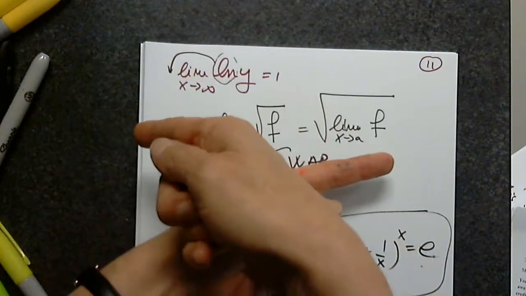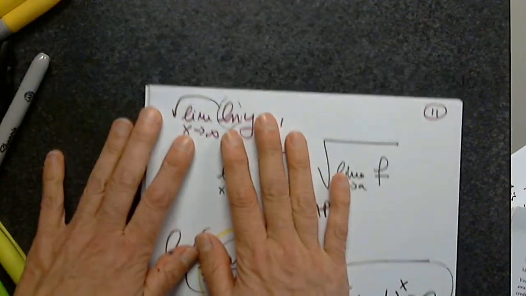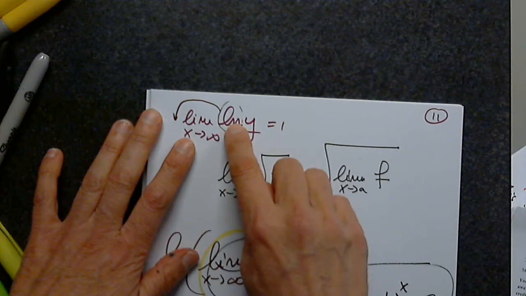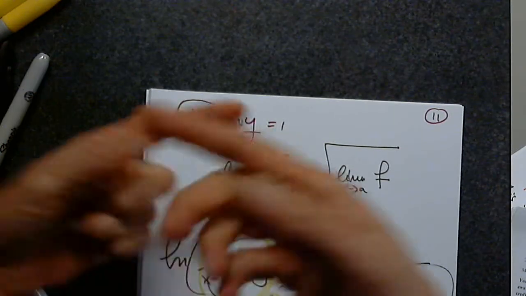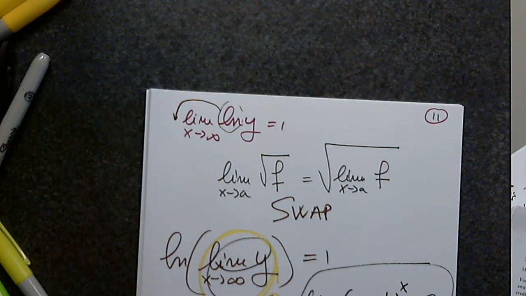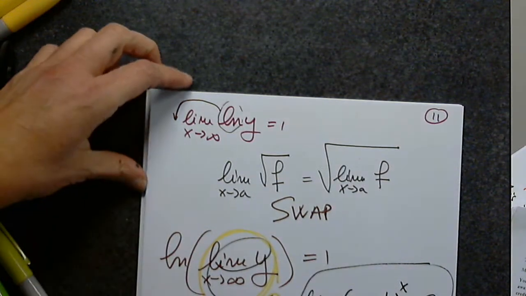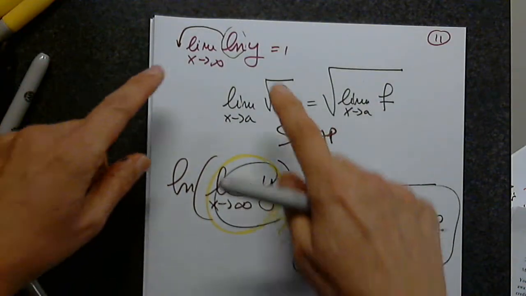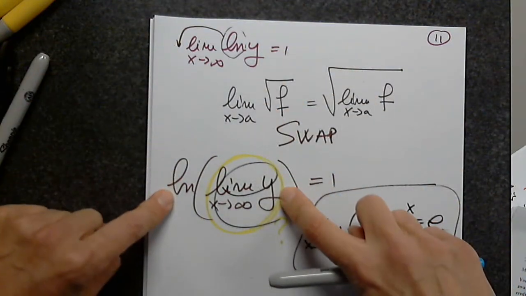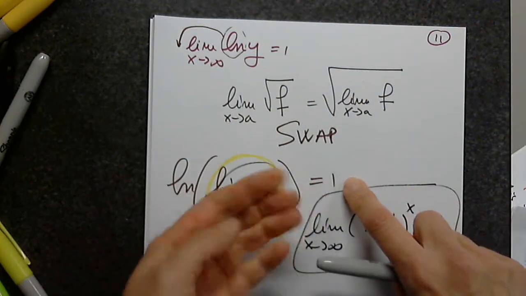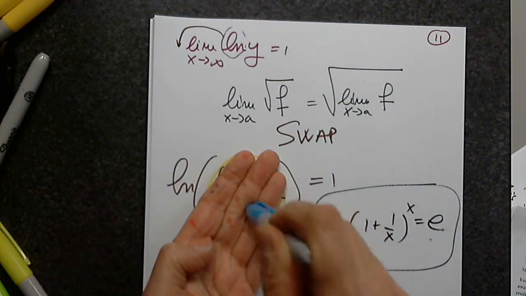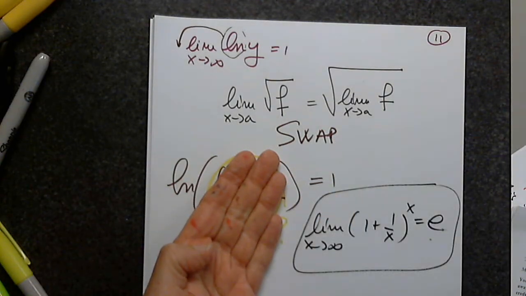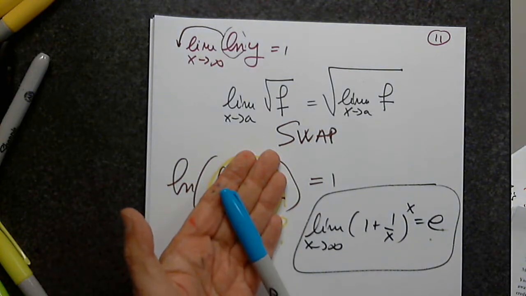So I was able to swap this. The same thing here. The square root is like natural log. The limit is like limit. So I'm allowed to swap these two, assuming natural log is continuous. Otherwise, I can't do this. But yes, it is. So then from here, we wrote this. Then we copied 1. And now the question is, natural log of a certain quantity is 1. What can the quantity be?